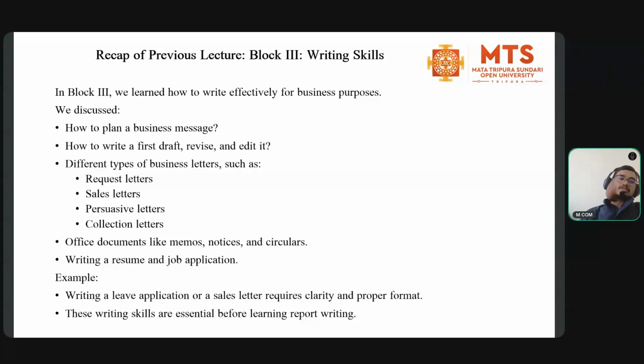Then the different types of business letters: request letters, sales letters, collection letters. And official documents like memos, notices, circulars, and writing a resume and applications, and so on.